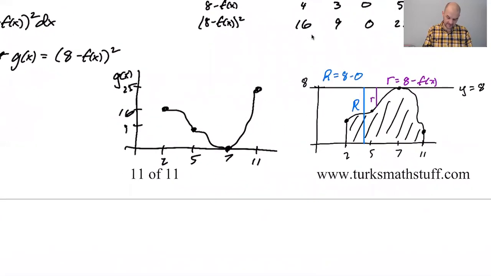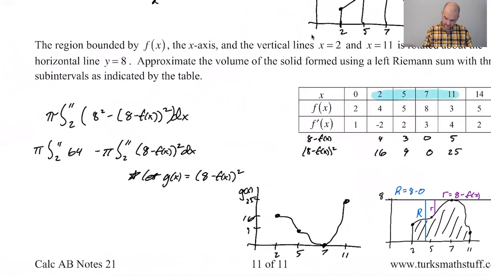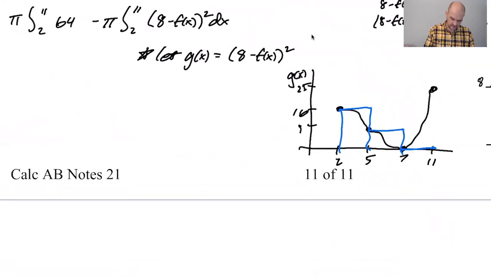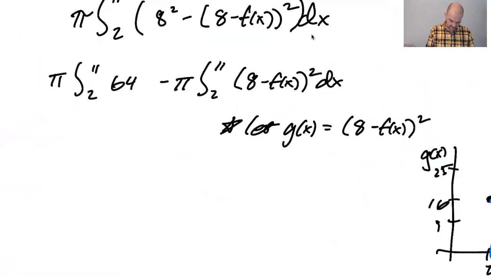Now we're doing a Riemann sum. What kind of sum? We're going to do a left Riemann sum for this. So let's see if we can do it. So this will be pi times 64 times 9 minus pi.